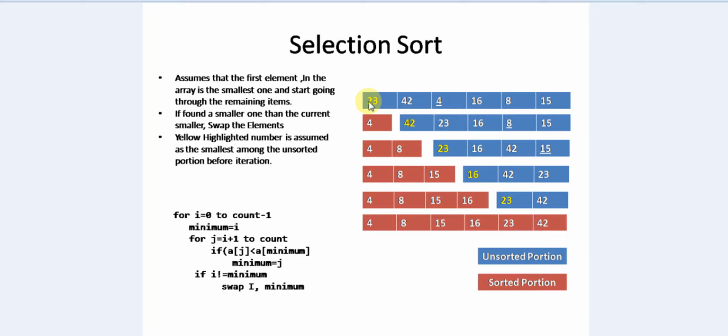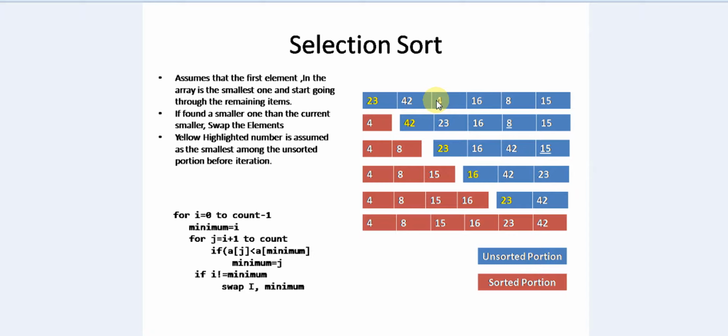Then it will compare this element with each and every one of the remaining elements in the array and check whether you have found any smaller than the current element. So here my current element is 23, which we consider as the smallest one.